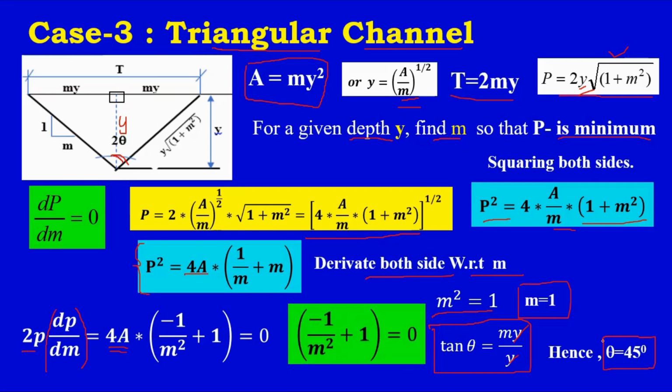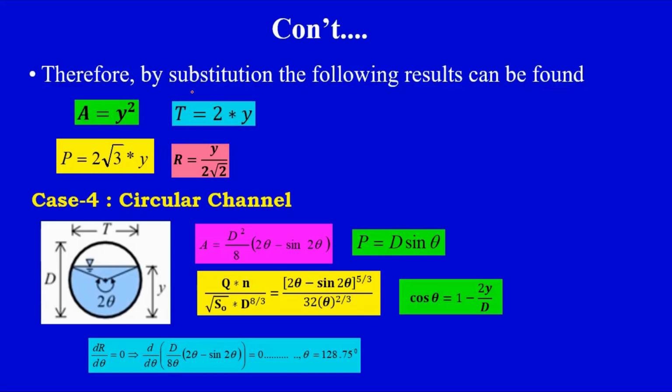So once you find 45 degree, then automatically you can calculate by substitution all other variables. Area will be equal to y square, top dimension equal to 2y, perimeter will be 2 root 3 times y, and hydraulic radius will be y over root 2. So this is just by substitution.